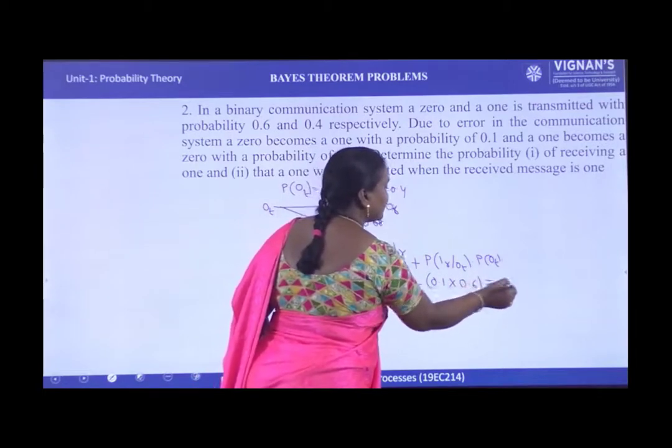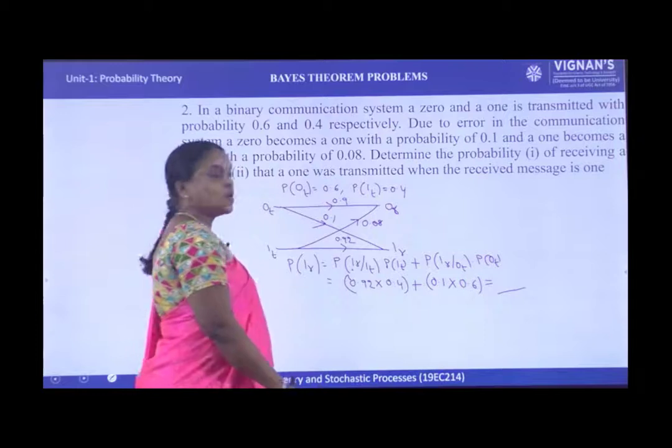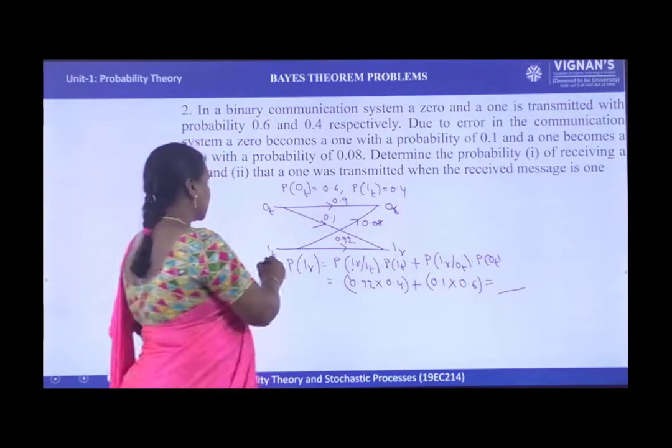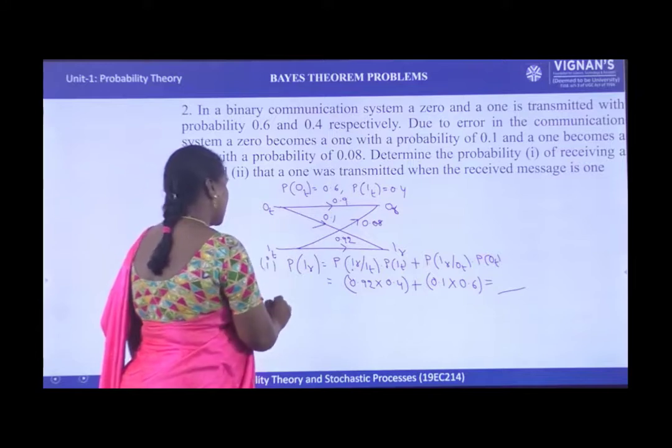So this will give you the probability of receiving 1. So this is the first bit.